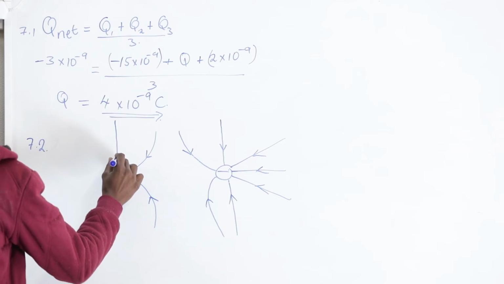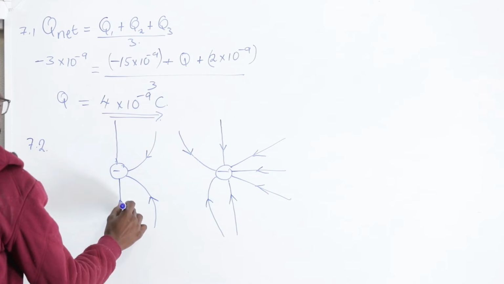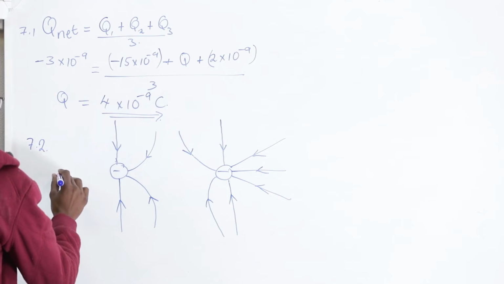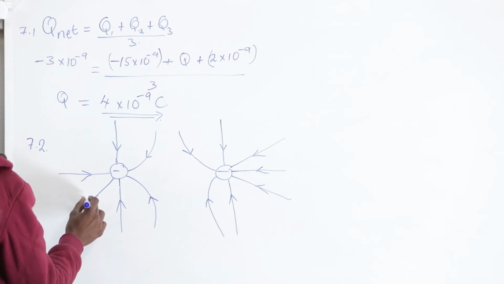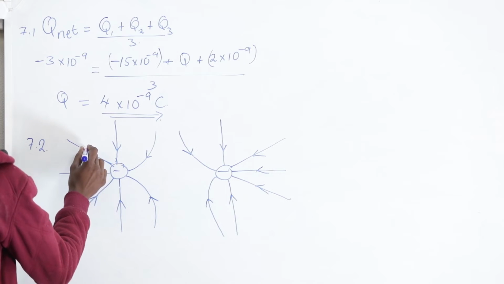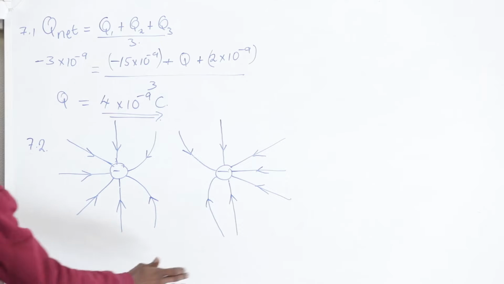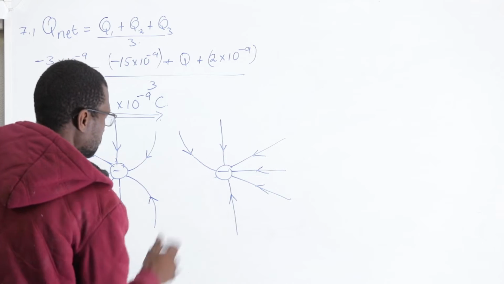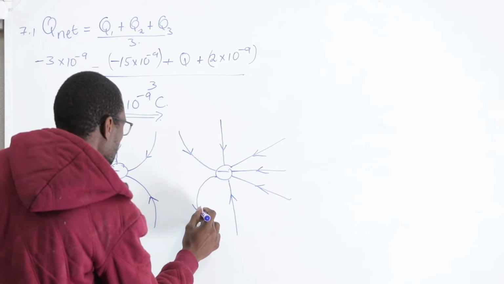Just make sure the examiner realizes what you're doing and what you're representing, just like I am doing right here. There you go, straight lines. And that will be the electric field. This one is a bit skewed. Let me show that they are actually getting curved here.